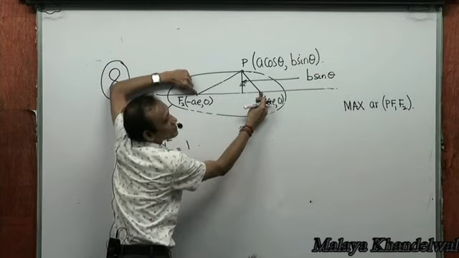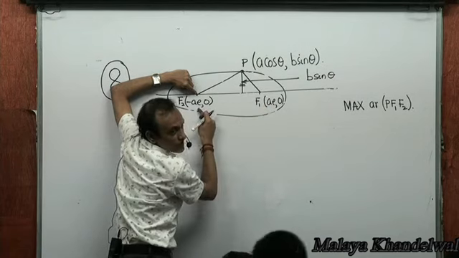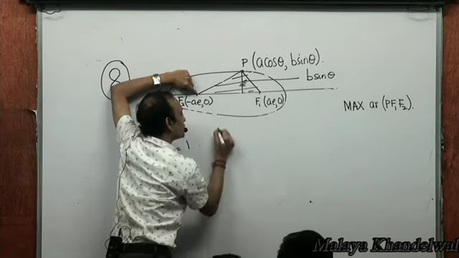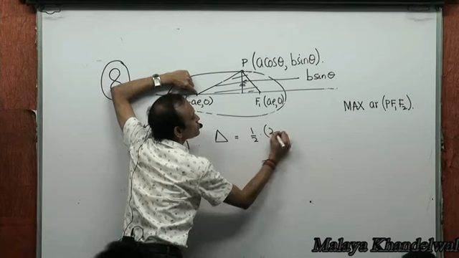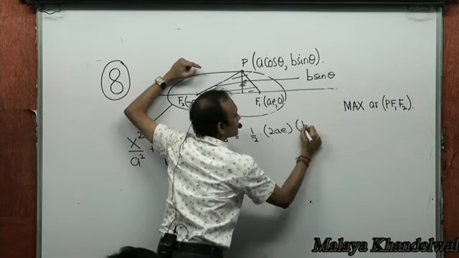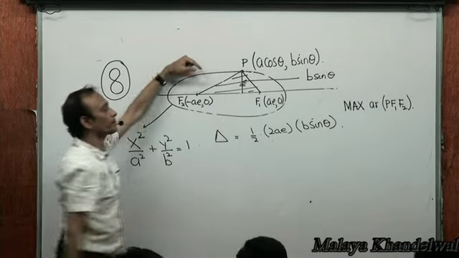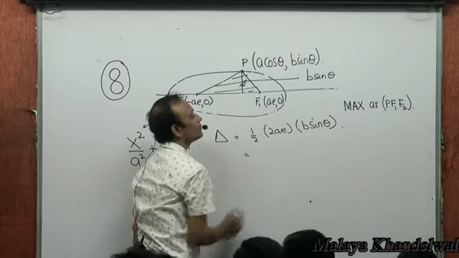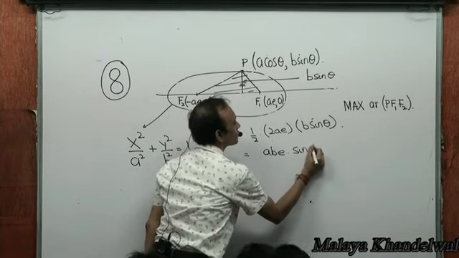The base is 2ae, the distance between the two foci. So the area of this triangle would be half of base, 2ae, into altitude, b sin theta, which is abe into sin theta.